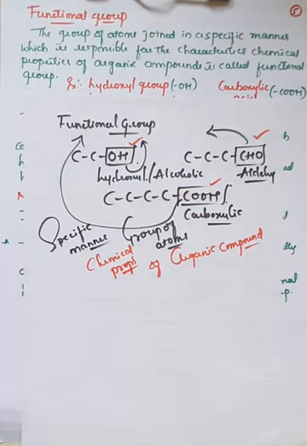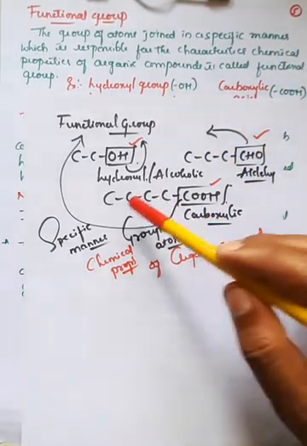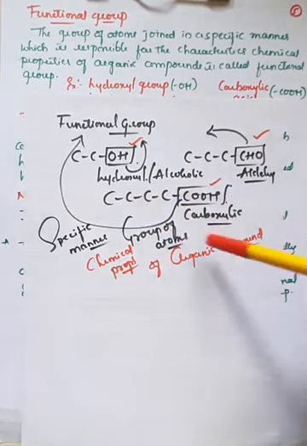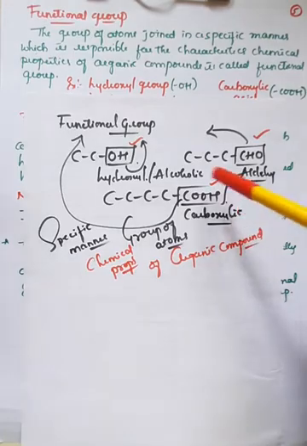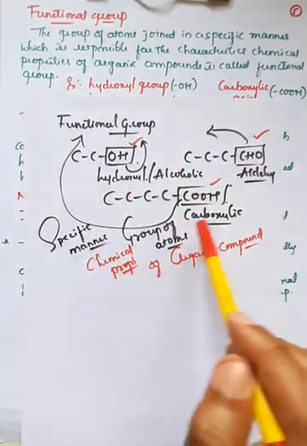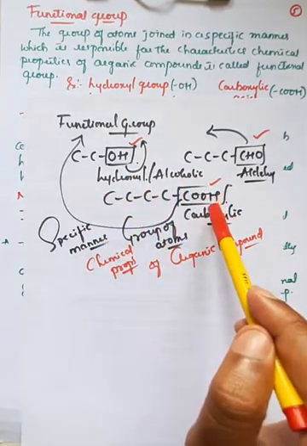In the second example, if you observe this CHO group, the 3 carbon atoms are further linked with the CHO group, which is generally called the aldehyde group, where the aldehyde group acts as a functional group. In the third case, there are 4 carbon atoms further bonded with the COOH group. Generally it is called the carboxylic acid group. This carboxylic acid group is termed the functional group, because to understand this molecule completely, the functional group is very important.